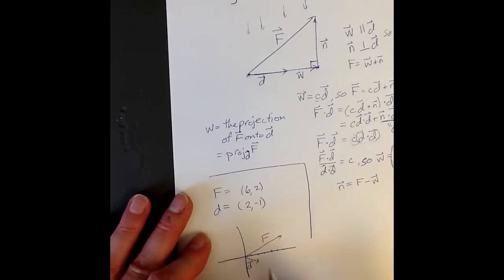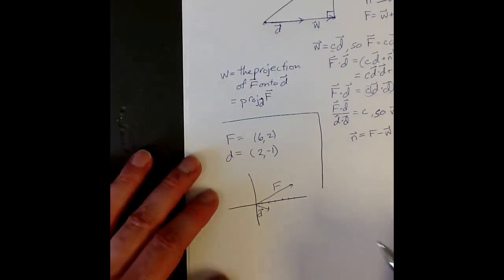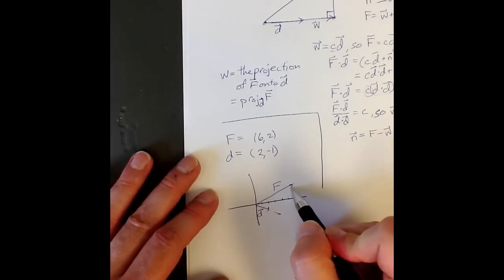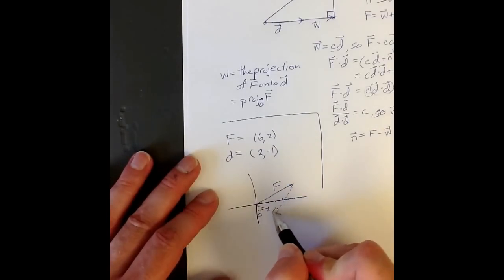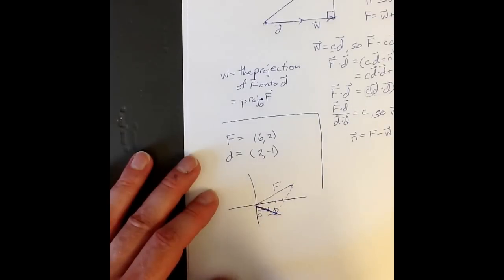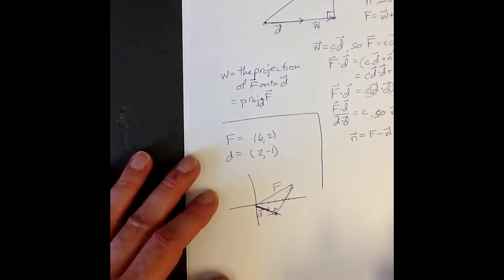There's d. What we want to do is find the vector w, right to about here, and n, so that there's a right angle right there. This vector is called the projection of f onto d, and then this vector is what we've called n in our problem.